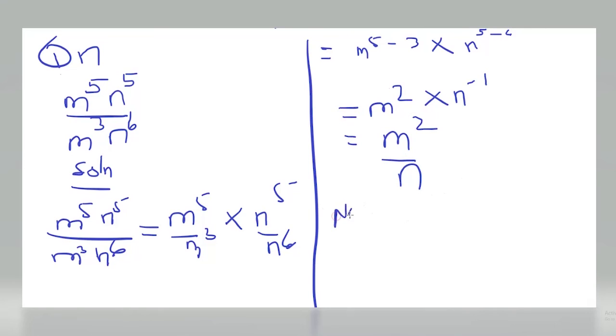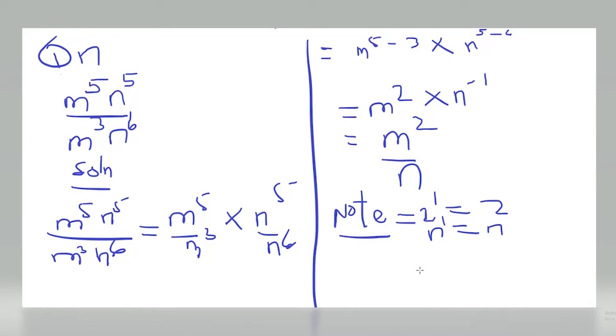And note that any number power 1 is equal to that number. For example, 2 power 1 is equal to 2. So for that case, n power 1 is equal to n. Also, any number raised to 0 is always 1.